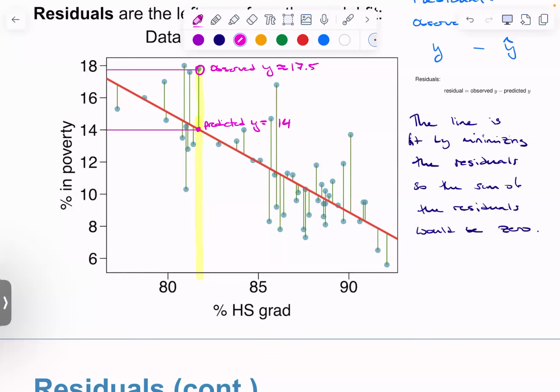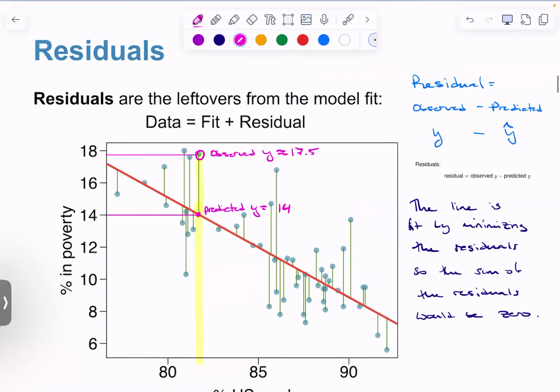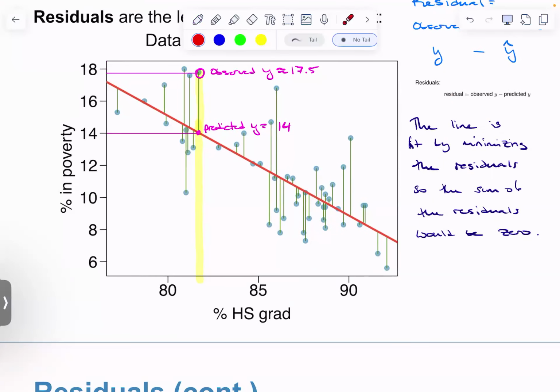So then my residual, from the formula sheet, the residual is the observed y minus the predicted y. So my observed y is roughly 17 and a half minus 14.